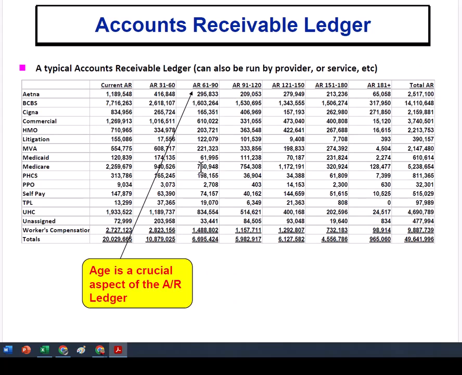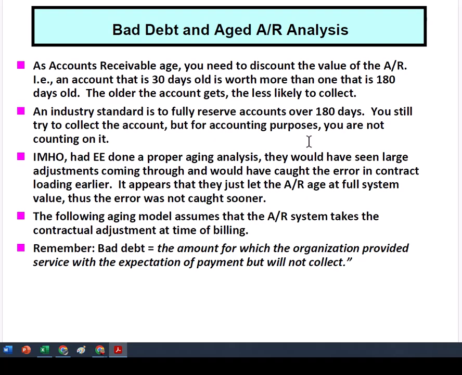And it wasn't doing a proper aging, because if they'd done a proper aging, as these accounts got older, they would have written those accounts off and taken a hit. Okay, don't get too caught up in the accounting. Trust me on this. But let me show you how that's done.